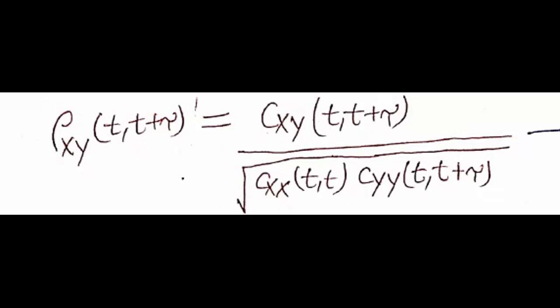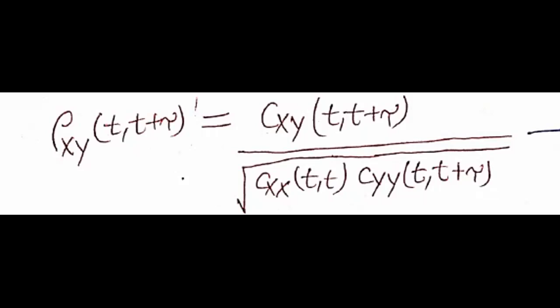Now, we would like to see the statement of the ergodic theorem. The ergodic theorem states that for a random process x of t, all the time averages of sample functions of x of t are equal to the corresponding statistical or ensemble averages of the random process x of t.